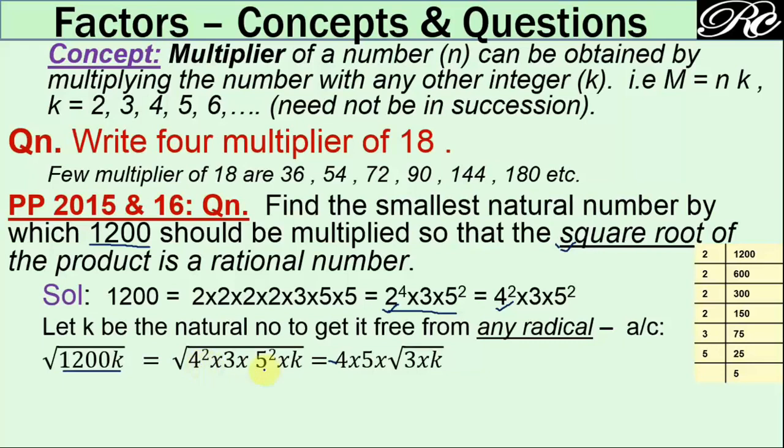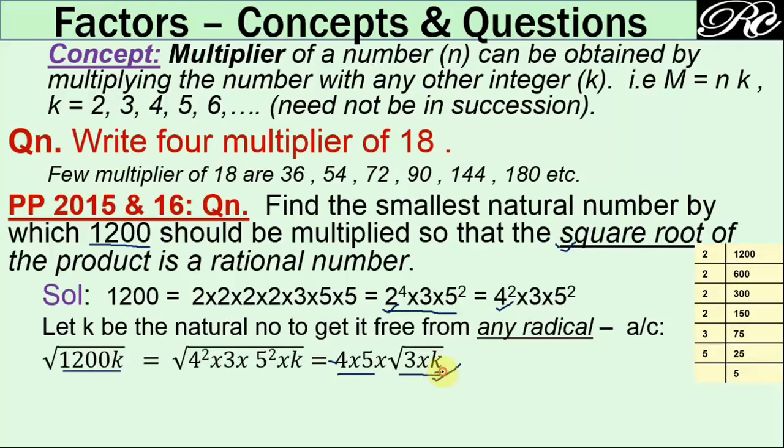Here 4 and 5 can be taken out, but 3k remains inside. Now as per the question, we have to get rid of this square root so that the square root of the product is a rational number. Because of this root 3k, it is irrational. So we have to choose suitably the value of k so that it becomes rational.